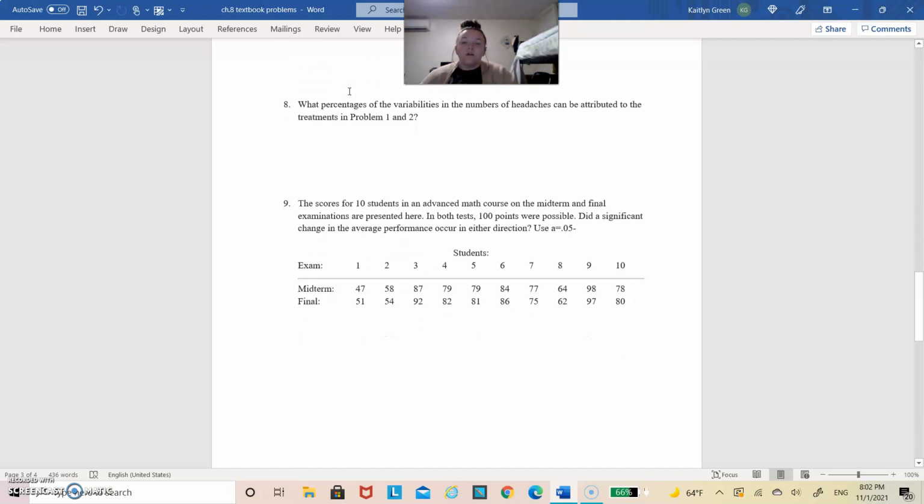Now moving on to number 8, it says what percentage of the variabilities in the numbers of headaches can be attributed to the treatments in problems 1 and 2. In finding the percentage of variability, we're just going to take r squared and multiply that by 100, which I'm pretty sure comes from chapter 5, if I'm right. Maybe it might have been the last chapter.